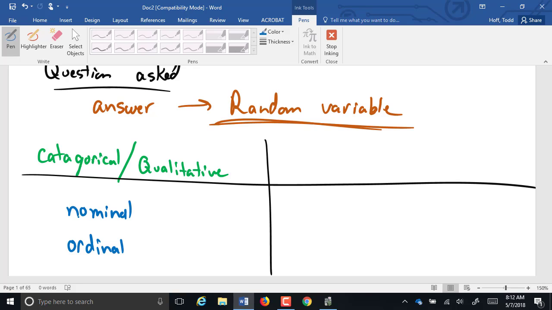Ordinal, if I ask you what was your letter grade in this class, well, A, B, C, or D, it's still a category, but it's ordinal because an A would be better than a B. There is a natural order to rank them in. Or if you go to a restaurant and you survey the size of a soda ordered with the meals, well, small, medium, and large can be put in order. So even though your answer is a category, you can put them in a logical order.